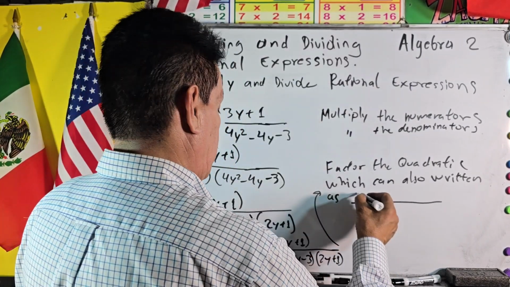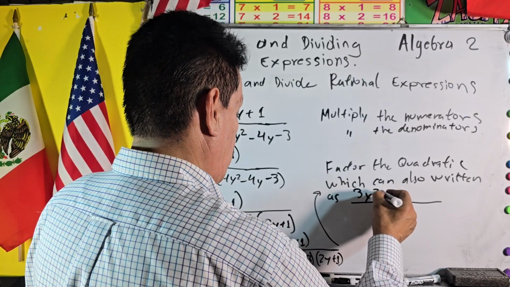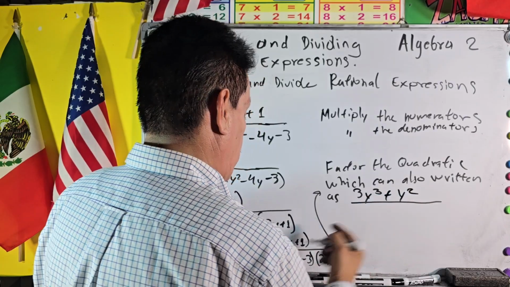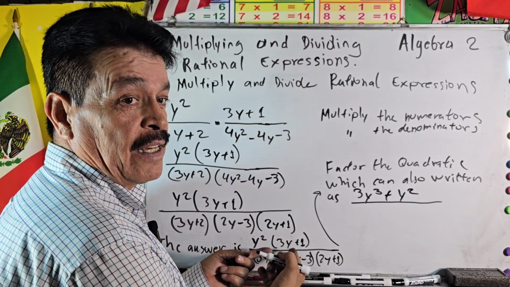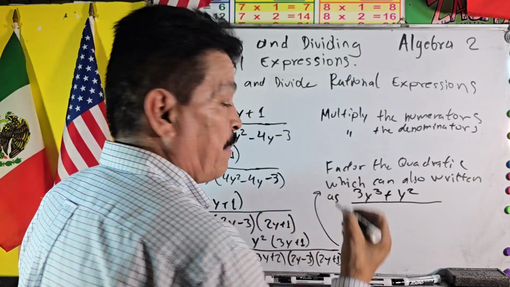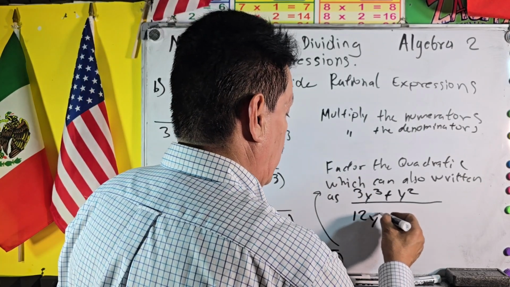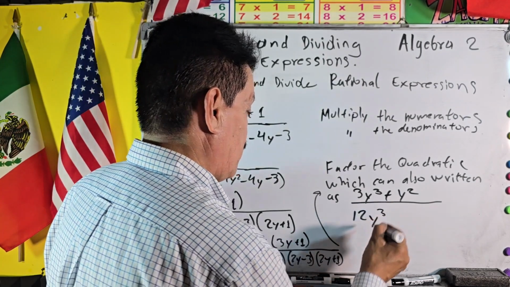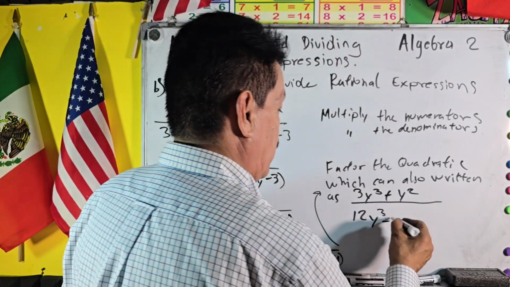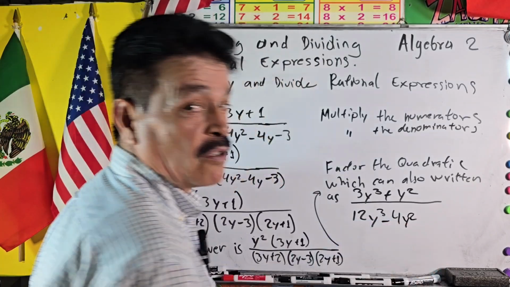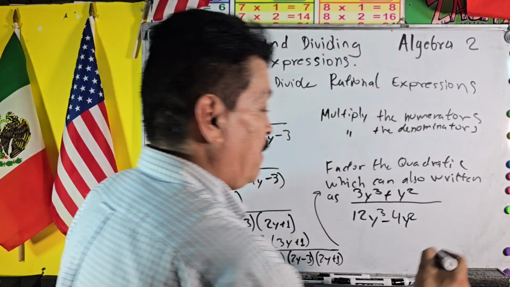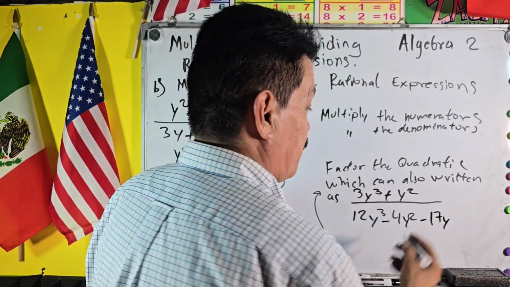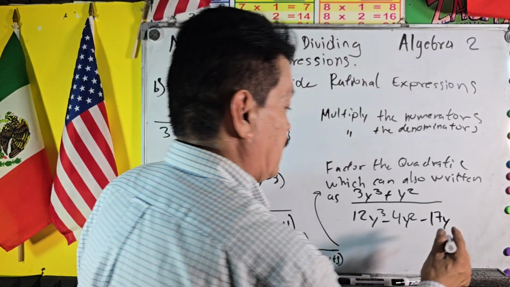Look at this: on top we have 3y to the third power plus y squared, and on the bottom you multiply out: 12y to the third power minus 4y to the second power, and then minus 17y minus 6.